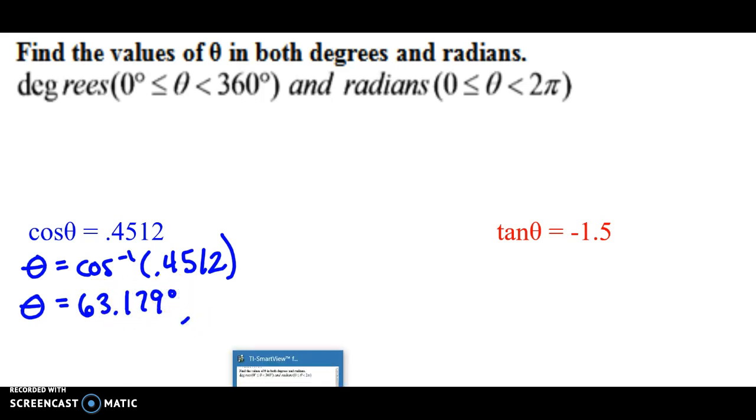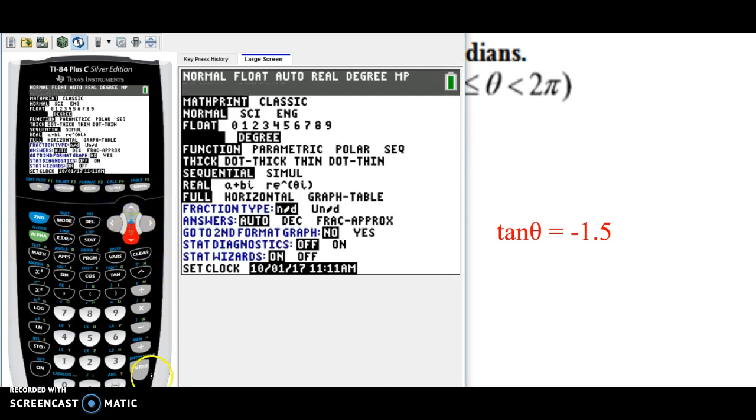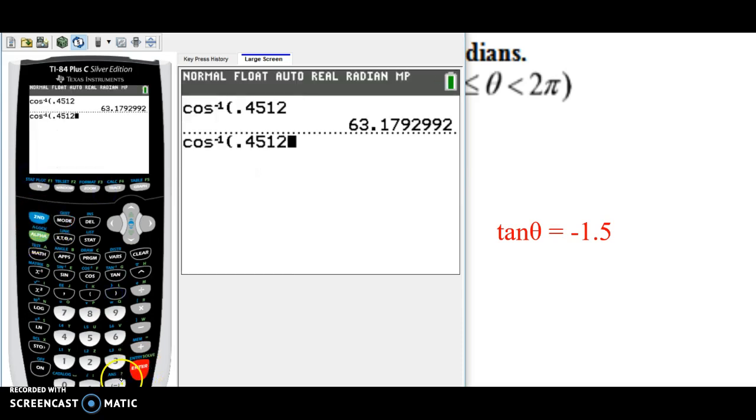To find it in radians, I have to quickly change my mode to radian. And I get 1.103 radians.